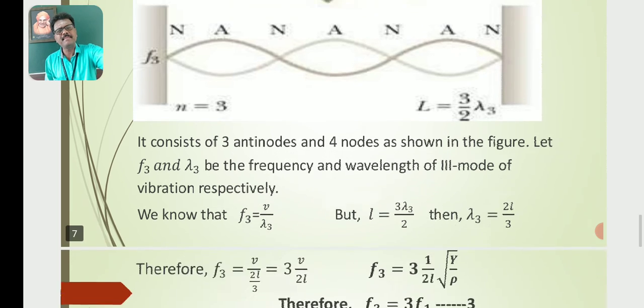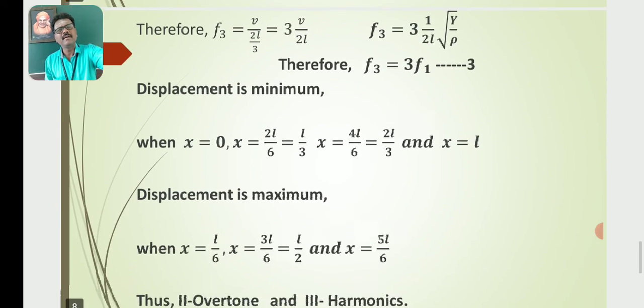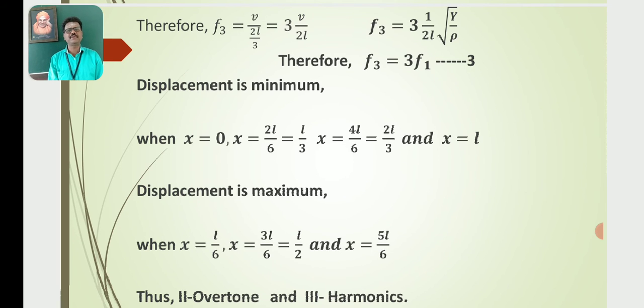So then, F3 is equal to V by 2L by 3, which is equal to 3 into V by 2L, where V is the velocity of the wave along the rod. So V is equal to root of Y by rho, where V can be replaced by root of Y by rho.